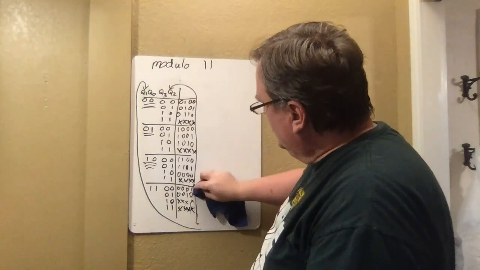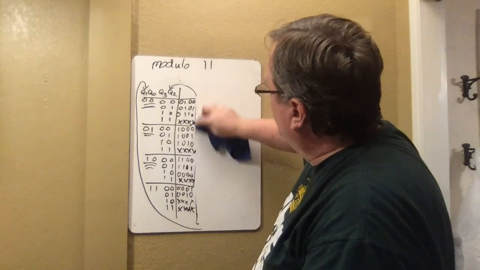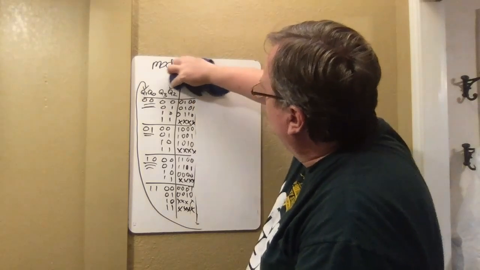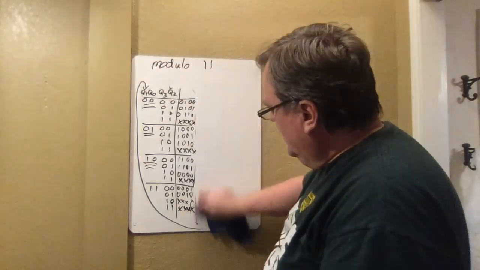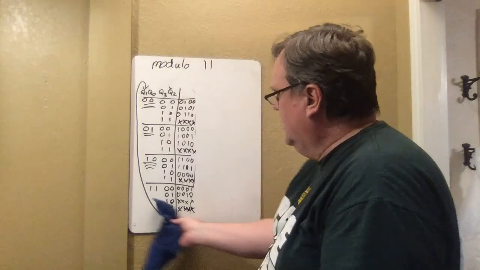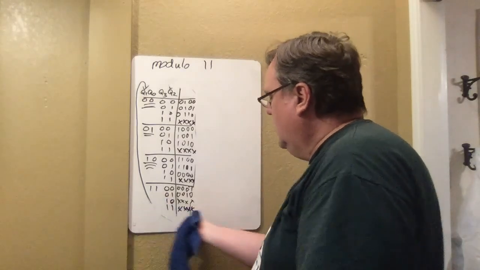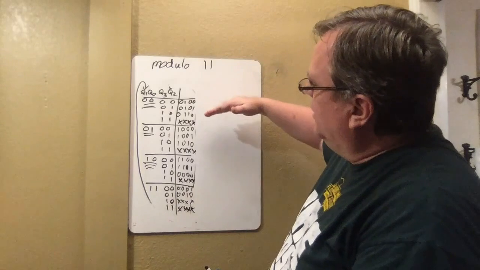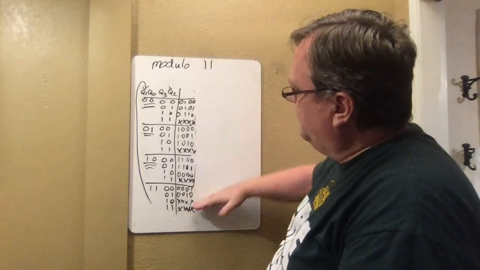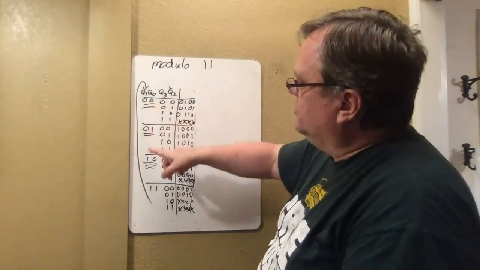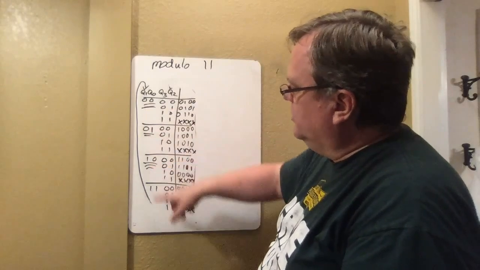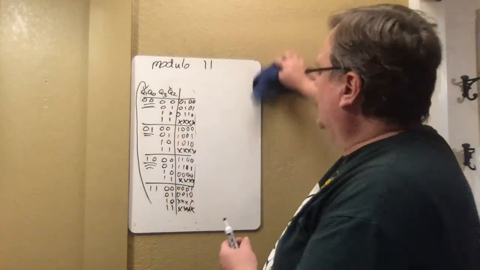again, the whole reason I rewrote the chart was because I wanted my muxes, a 4 input mux, 1, 2, 3, 4. You can see that's the 0, 0 input, the 0, 1 input, the 2 input, the 3 input.